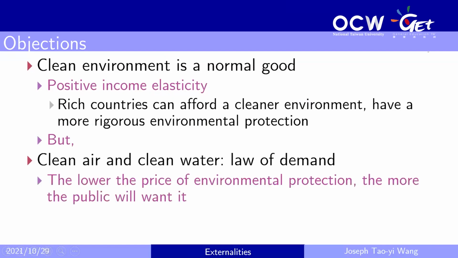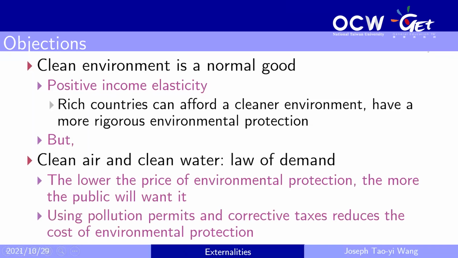So if you have a lower price of environmental protection, then the more the society or the public will want it. And so if you can lower the cost of environmental protection using corrective taxes or pollution permits, then this actually promotes environmental protection.